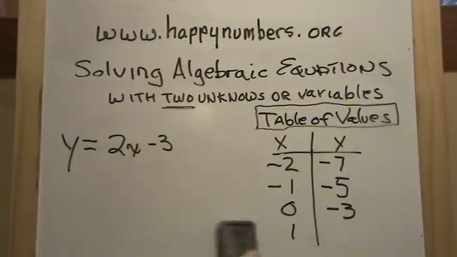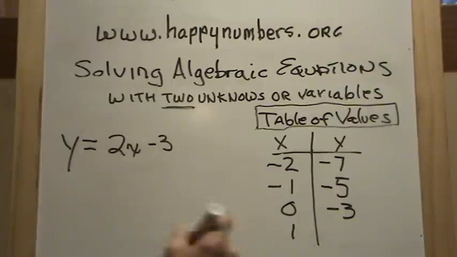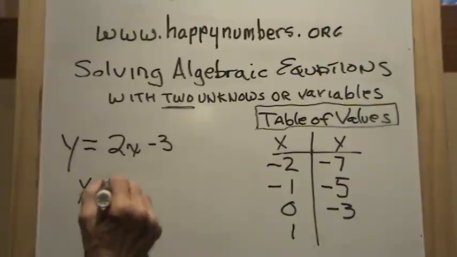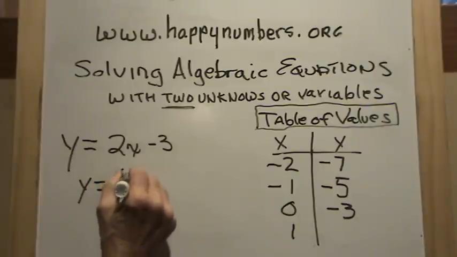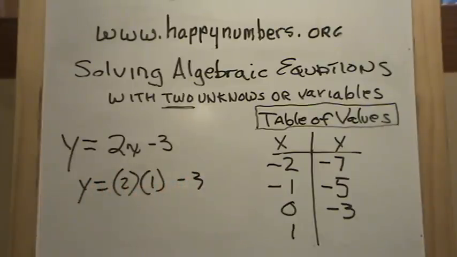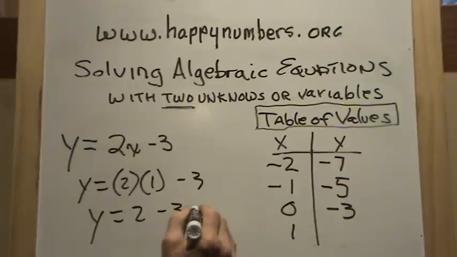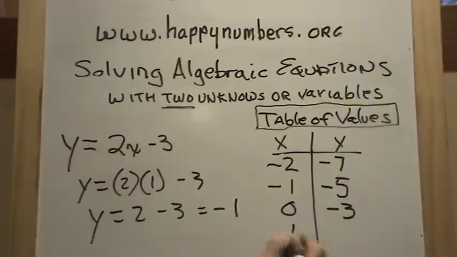And let's try the last one. Let's put 1 in, y is equal to 2 times 1 minus 3. Y is equal to 2 combined with -3, which is -1.